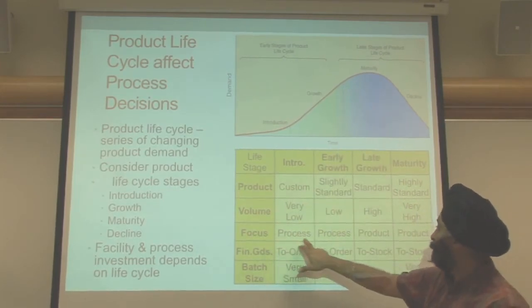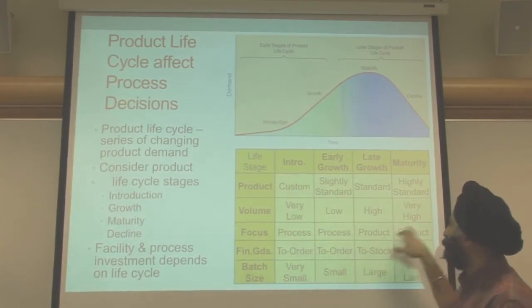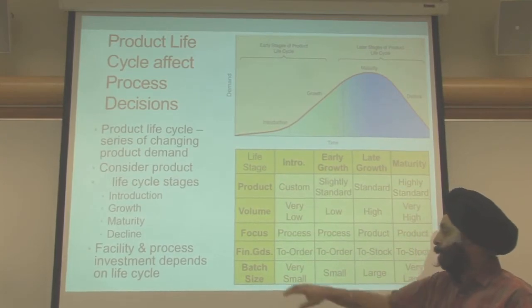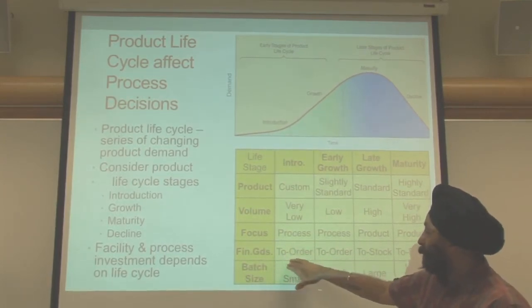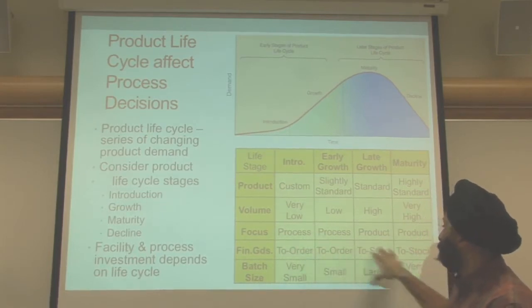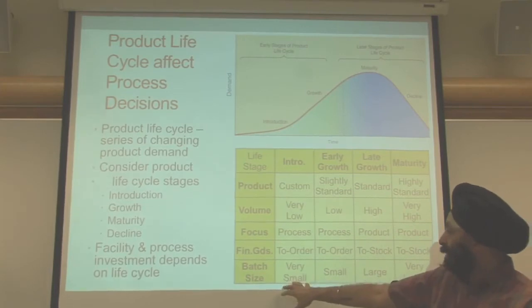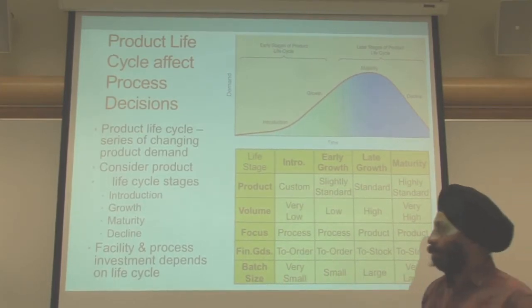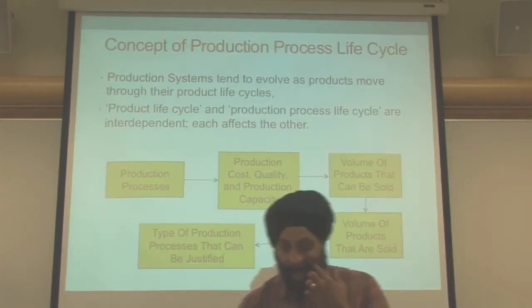Focus goes from process-based production environment to product-based, which is assembly line, continuous environment. Fulfillment will be make to order early on, whereas make to stock in this case. And then batch size, very small to large to very large in terms of volume. So again, one can see how that will play out.